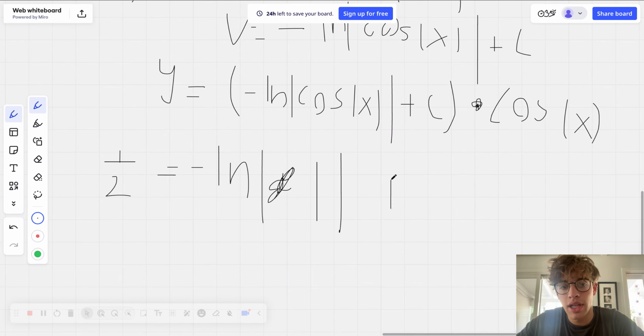This just comes down to c, and this is 0, so 1/2 is c.